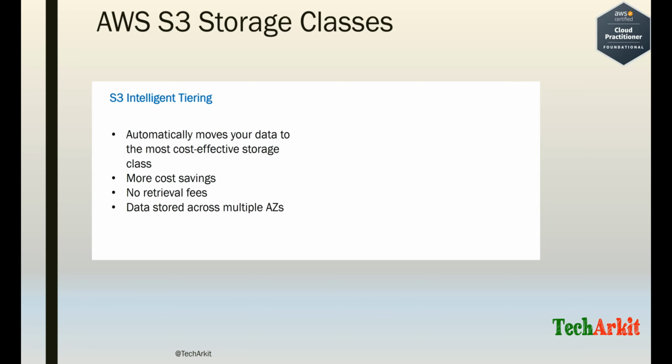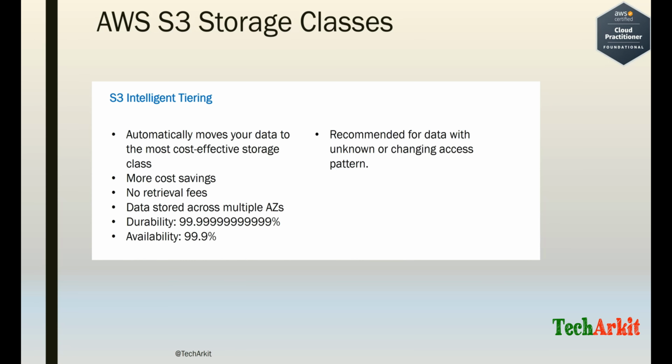Data is stored across multiple availability zones, and durability is again 99.999999999%, while availability is 99.9%, so you can see that one nine is reduced. It is recommended for data with unknown or changing access patterns.